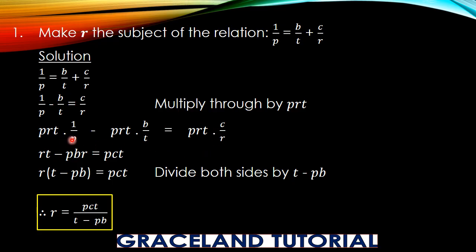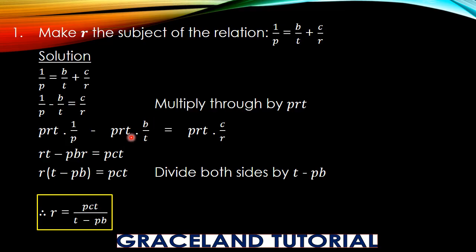Now the result. P cancels P. We are left with RT. Now multiply that RT by 1, which will give RT. Minus T cancels T. We are left with PR. Multiply PR by B, which is the numerator of that fraction.